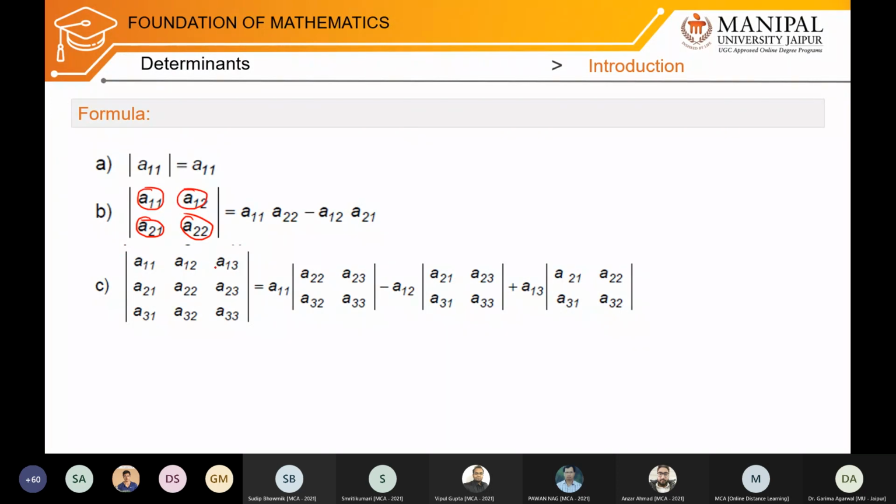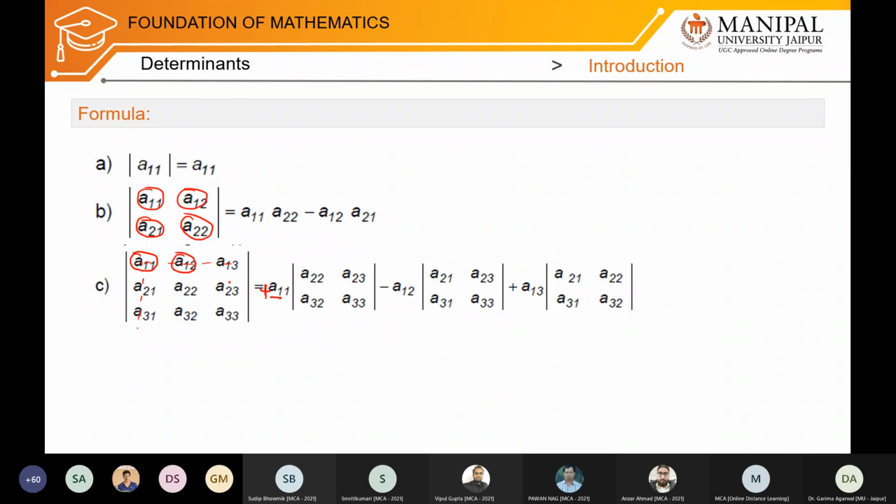If we have a matrix of order 3 cross 3, with 3 rows and 3 columns, how can we find the determinant? First write this element here, then hide this row and column and write the remaining elements over there. This element A11 should have a positive sign.